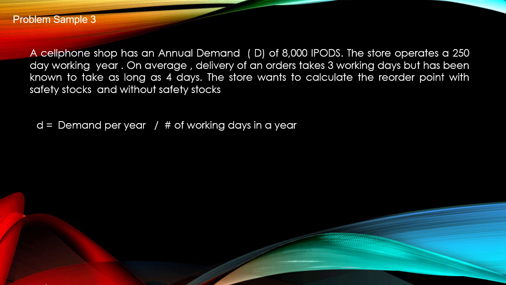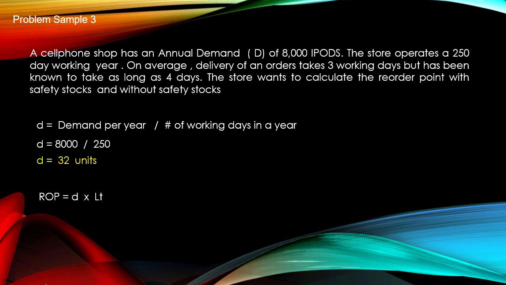I have here the computation for the demand per day, which is demand per year over number of working days in a year. So I have 8,000 over 250, which is 32 units as the demand per day.